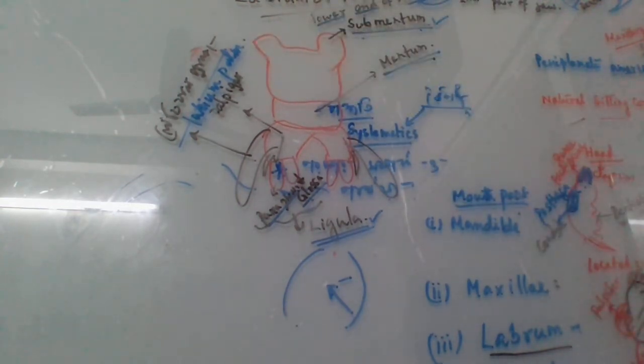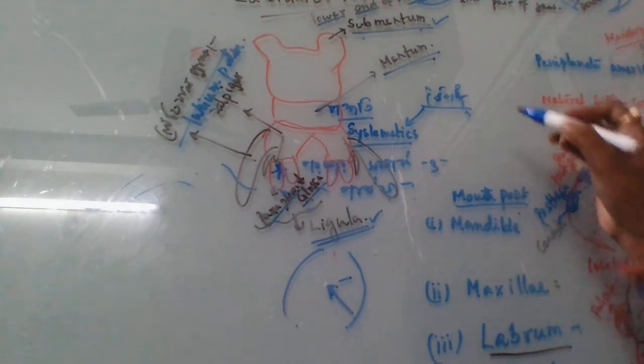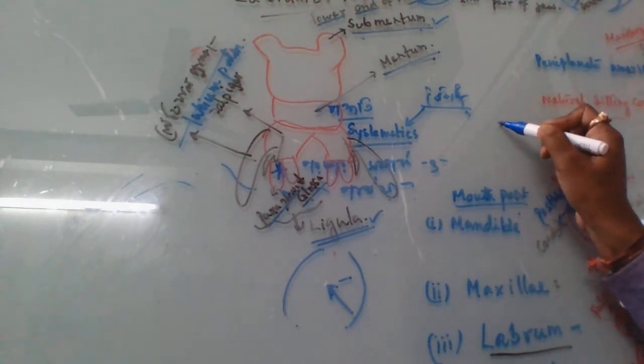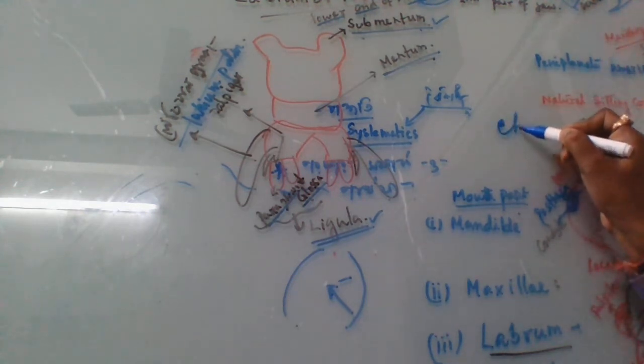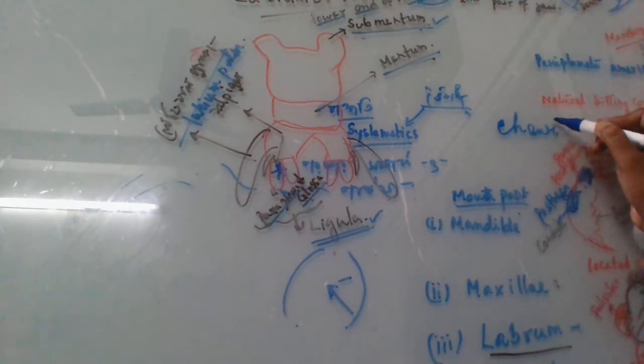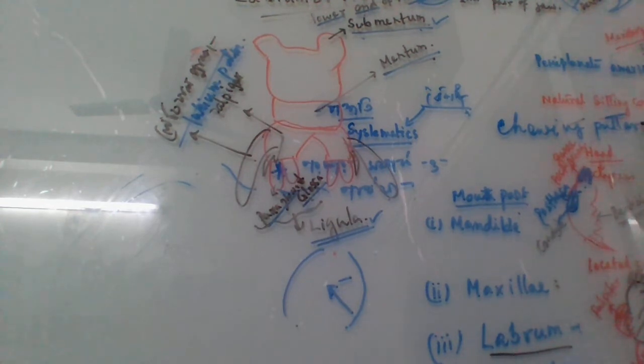So I hope you have enjoyed the discussion. So these are the four mouth parts and their important parts. And remember, this discussion is always for insects which use the chewing pattern, chewing type of mouth parts.